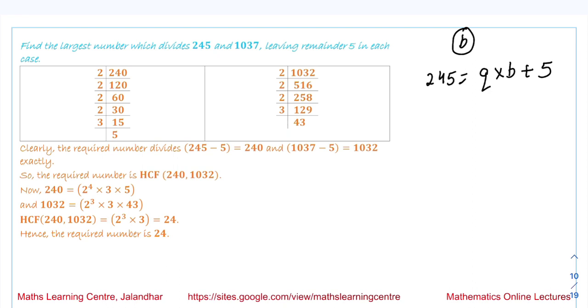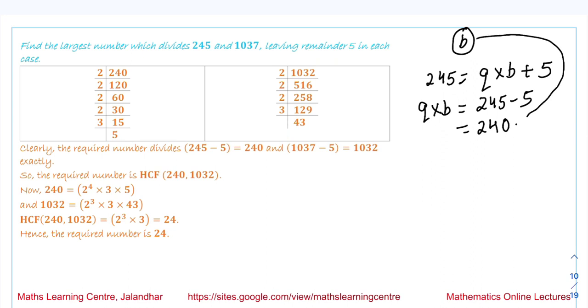So what we get is Q into B equal to 245 minus 5, that is equal to 240. What this means is that B divides 240.